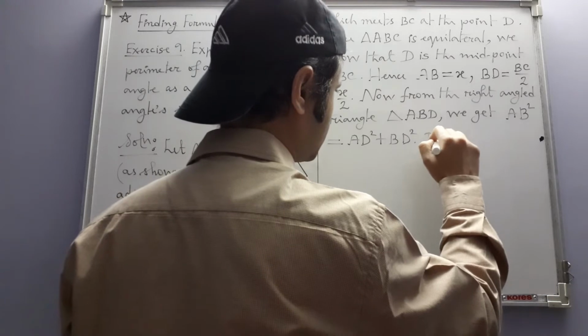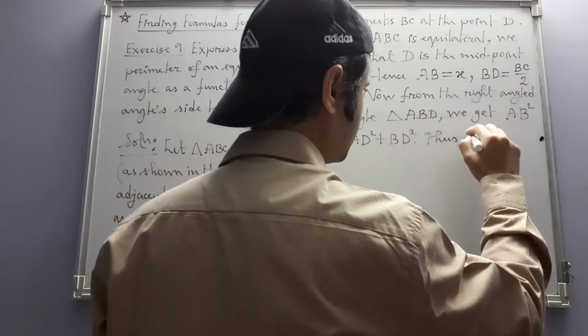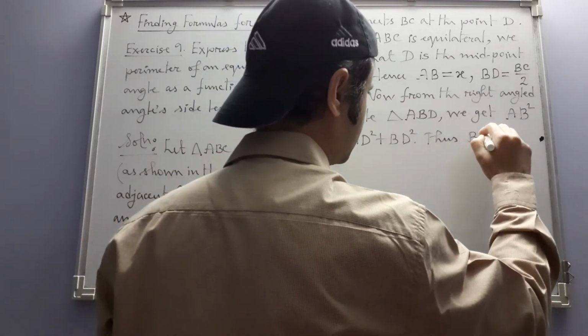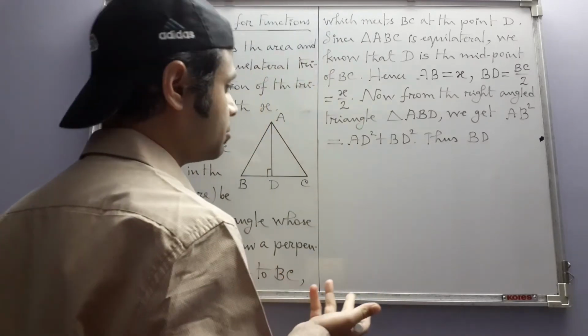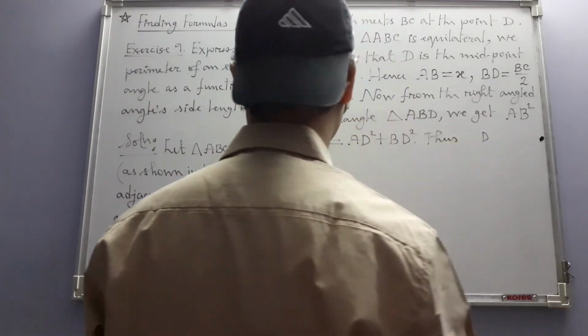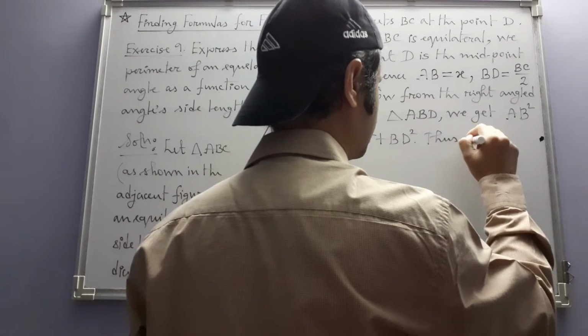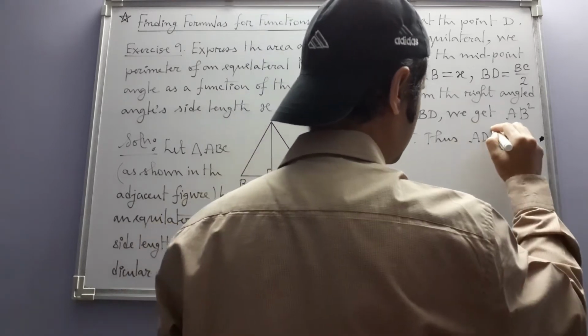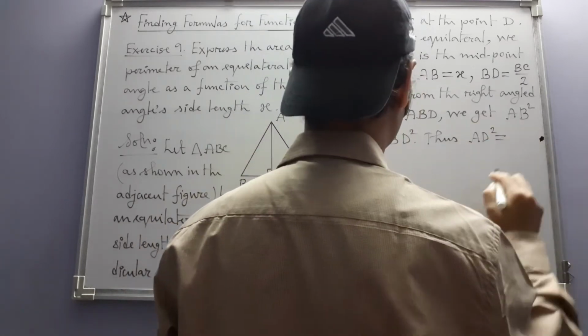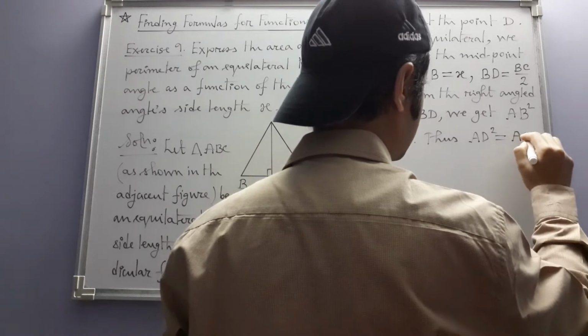We know BD, we don't know AD. So AD square is AB square minus BD square.